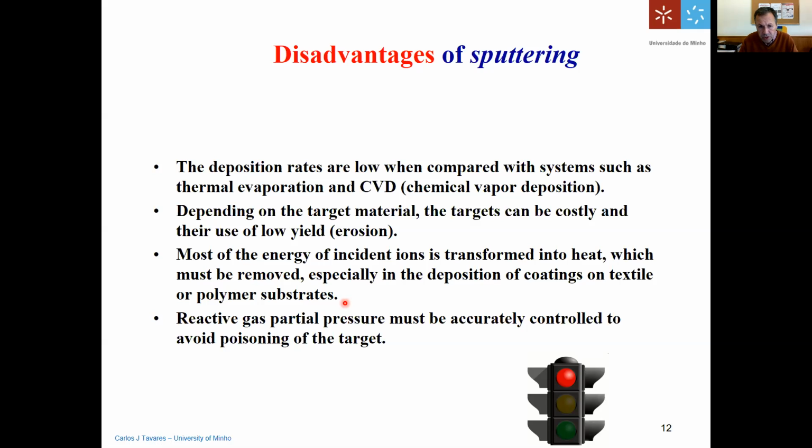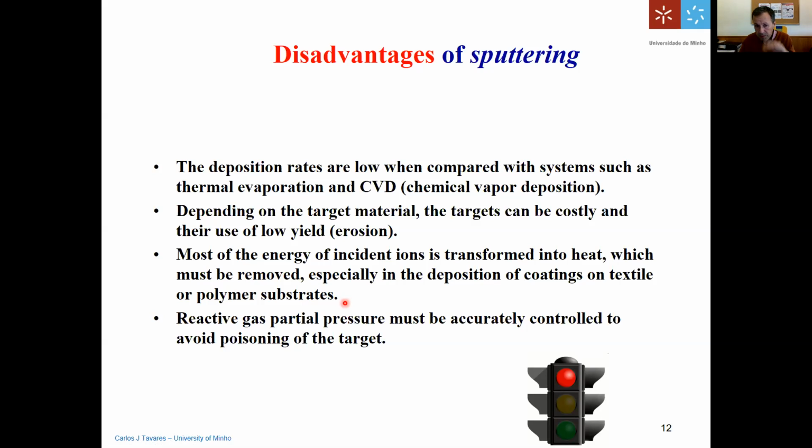Another disadvantage: most of the energy of the incoming ions is transformed into heat. So you have to cool the magnetron. You have to cool the underside of the target, because in some cases, if the heat is excessive, it can damage the target. It can damage the magnetron, because you remember that in the magnetron, we need to have magnets to create these magnetic field lines.